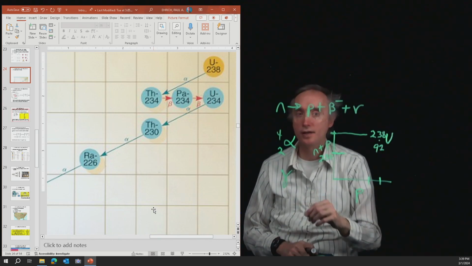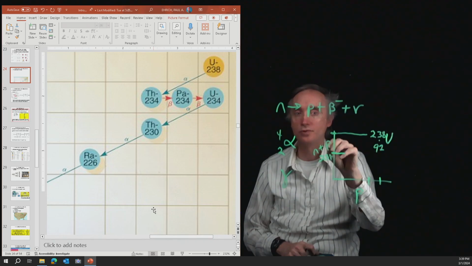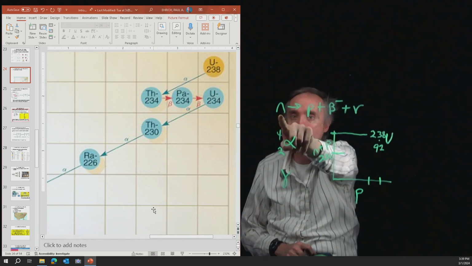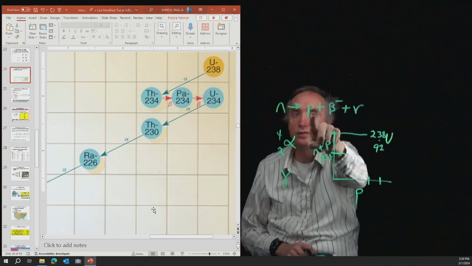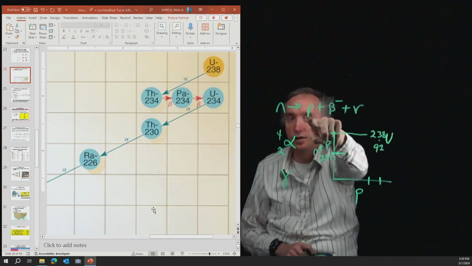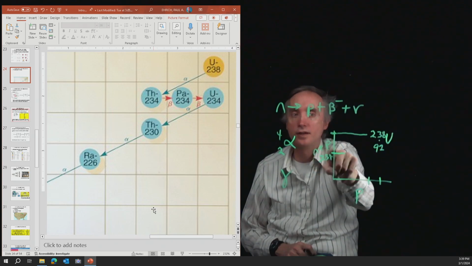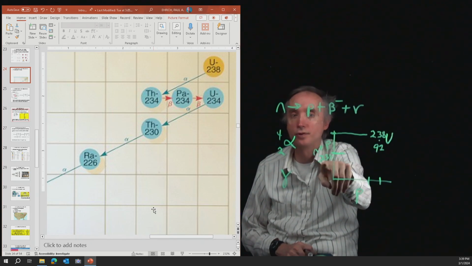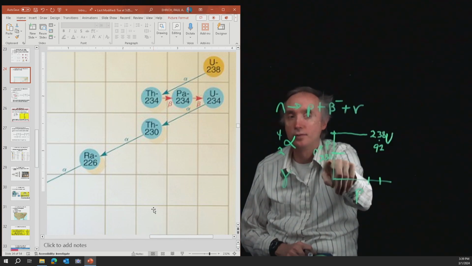So the next thing that's going to happen is, with thorium-234, one of its neutrons is going to turn into a proton. Notice that the 234 number doesn't change, because it got rid of a neutron but added a proton, so it's a wash when you add the two numbers together.